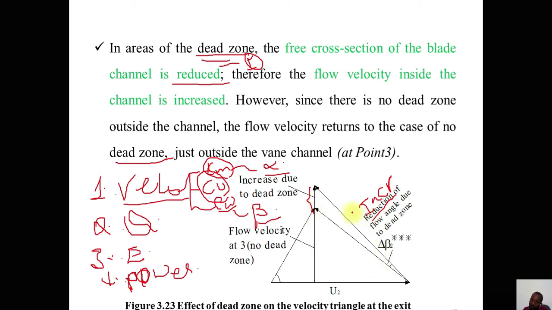But in this case, two parameters are increased. What are the two parameters? One, increased due to dead zone, is the flow velocity, or you can say the tangential velocity. The tangential velocity increased. Again, this is the relative velocity, so there is an increment in magnitude. The relative velocity is also increased.